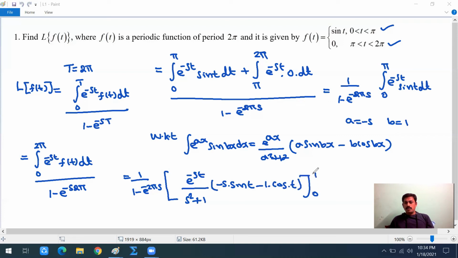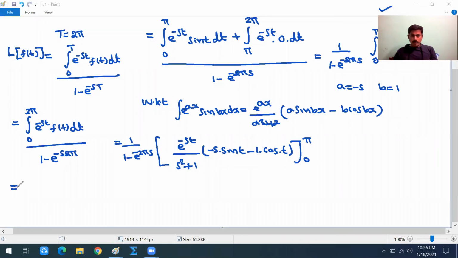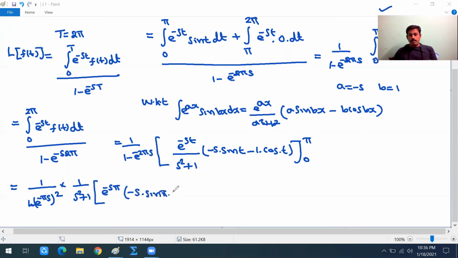Now the limit is 0 to pi. Now applying the limit, 1 divided by 1 minus e power minus 2 pi s into 1 by s square plus 1. I will take it out and substitute the upper limit: e power minus s pi into minus s sine pi minus cos pi, minus lower limit: e power 0 into minus s sine 0 minus cos 0.